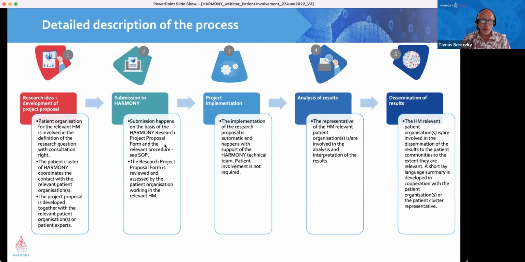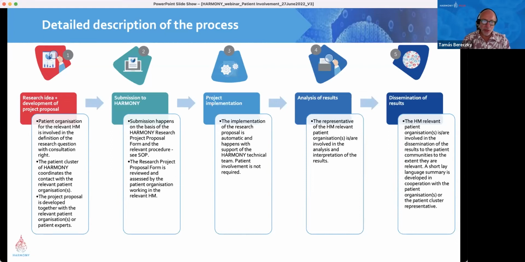Now, when it comes to the submission to the Harmony platform, this happens with the use of the research project proposal form. That is, as I've mentioned, part of the standard operating procedure. For your reference, it's also available separately, but for quick and easy reference, you can find it at the end of the SOP.